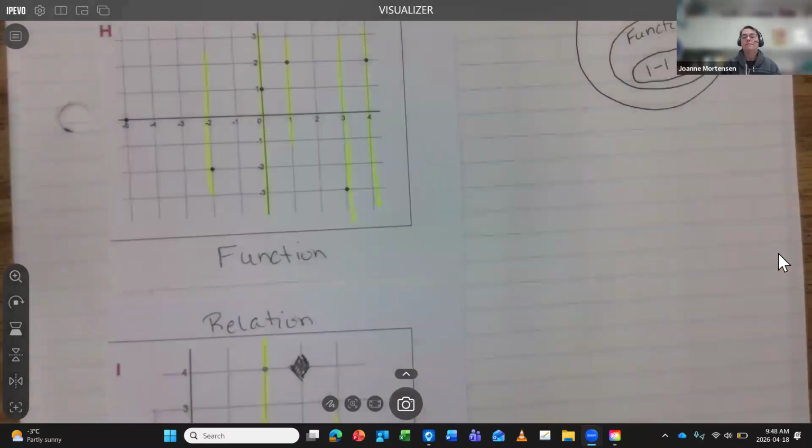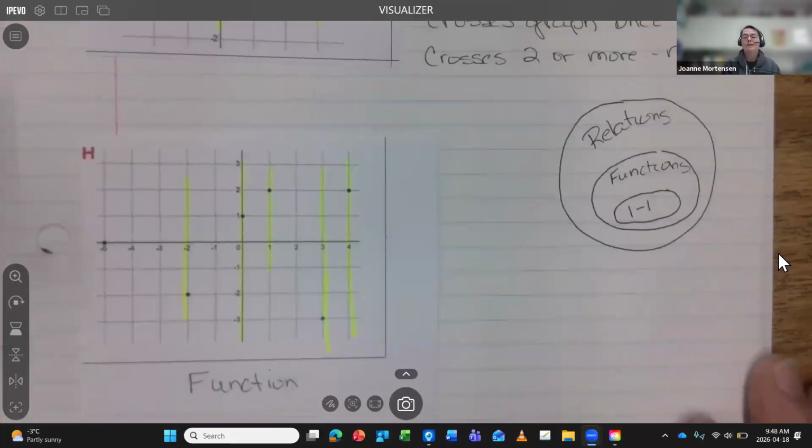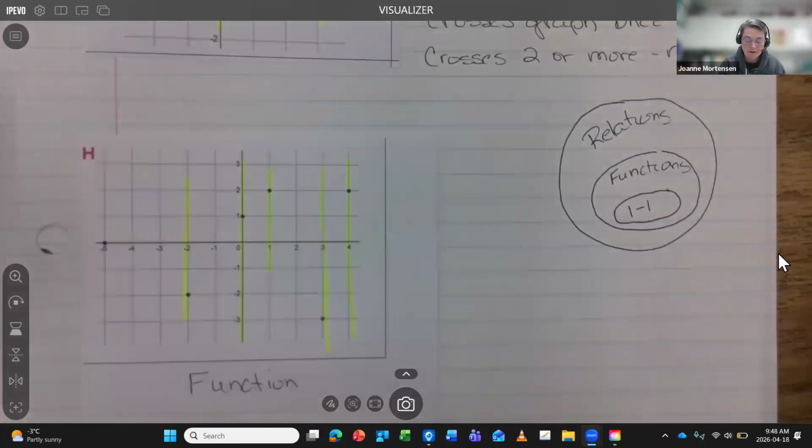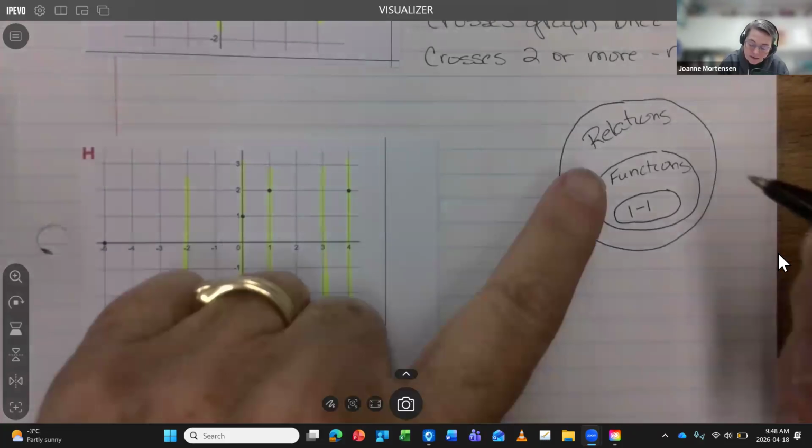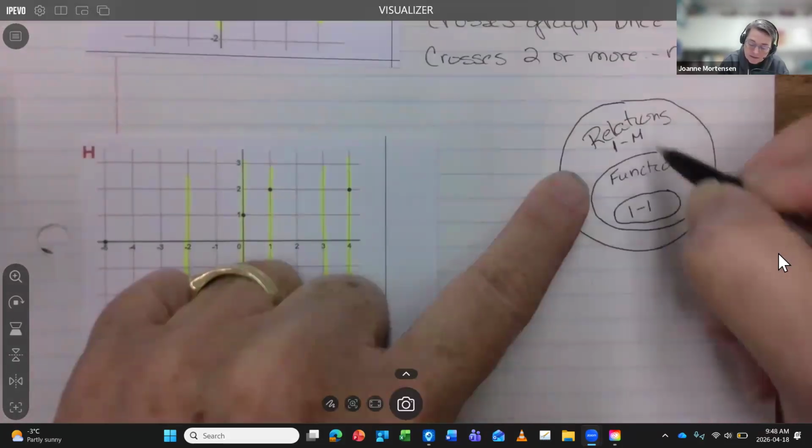Sorry. 1-to-1 functions are a special type of functions. And I'm just going to fill in the other parts. I want to make sure I get these right. This is a one-to-many, and this is many-to-one.